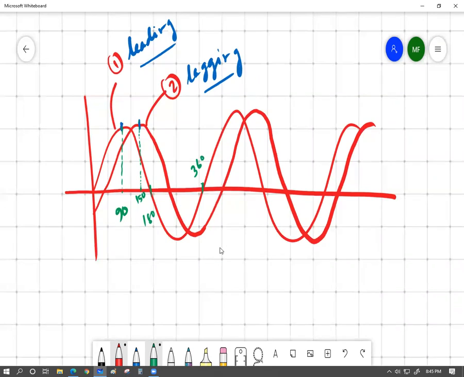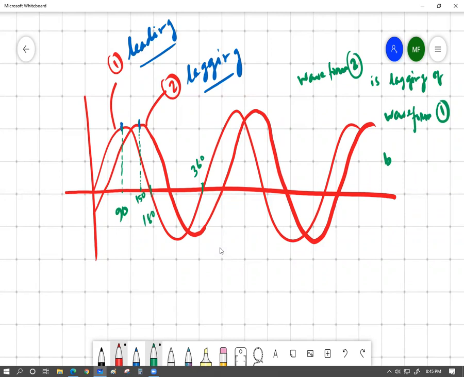In this case, we can say that waveform 2 is lagging of waveform 1 by 60 degree.